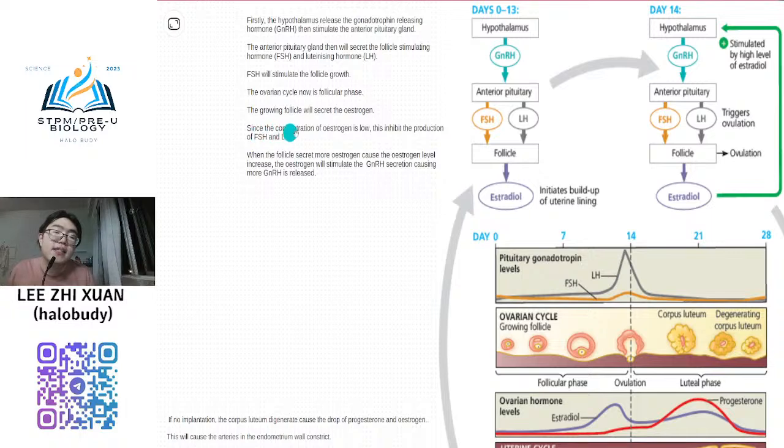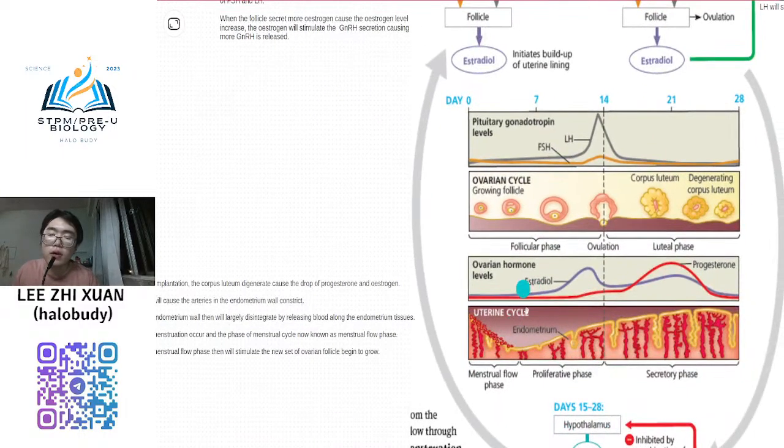Since the concentration of estrogen is low, this inhibits the production of FSH and LH. Although GnRH will stimulate the anterior pituitary gland to secrete FSH and LH, since your estrogen is now very low, their production is inhibited. Another name for estrogen is estradiol.